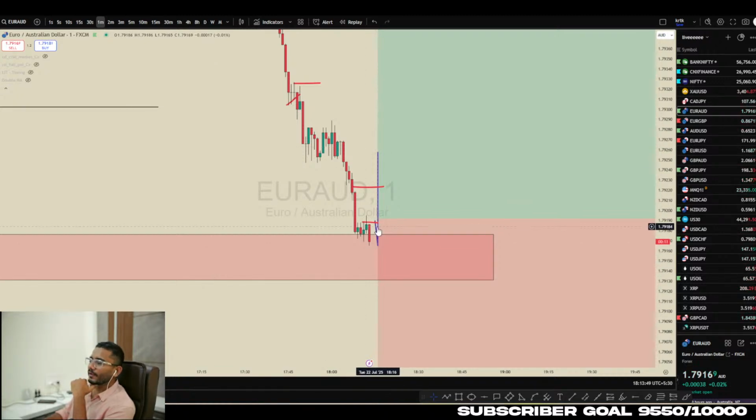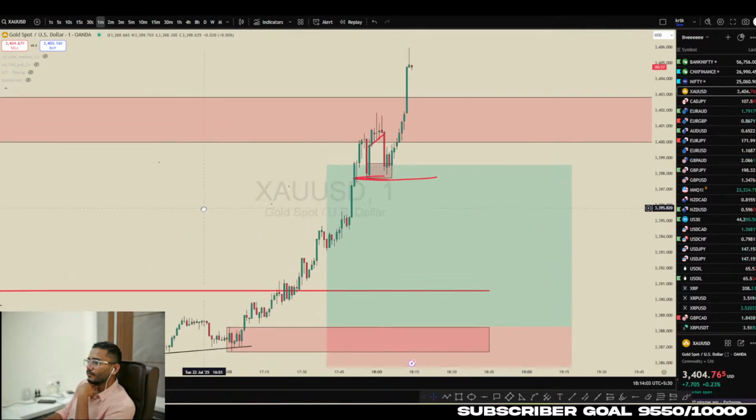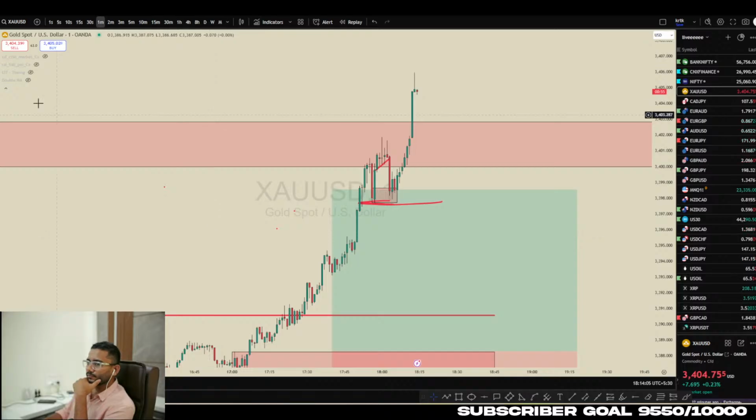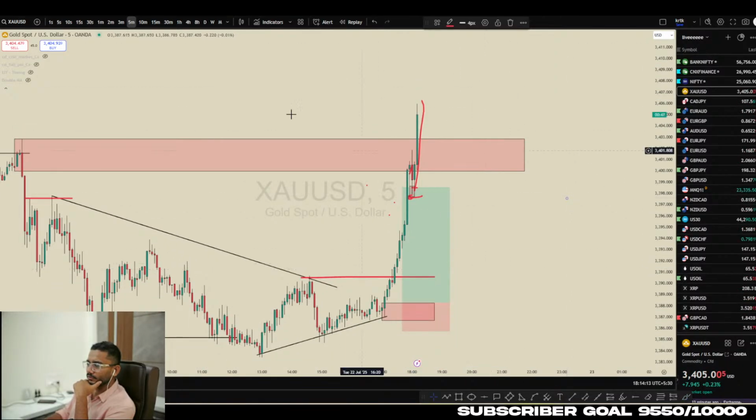I'm still waiting for price to close here, but this is just a wick. On hold, as I said, price created this strong low, tapped, and again it shot to the upside, creating a new structure.